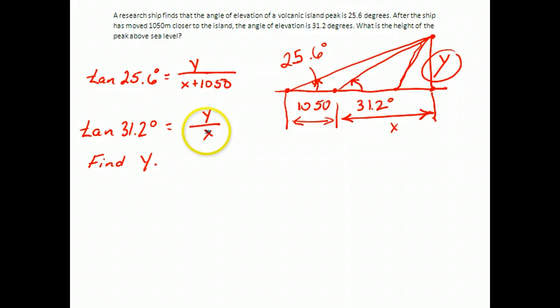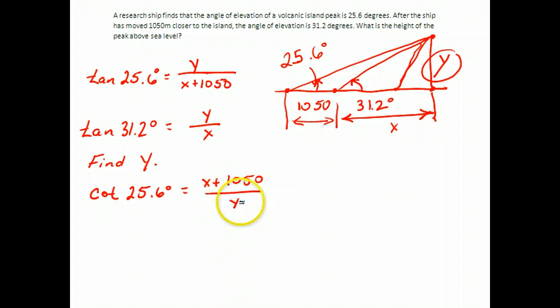Okay, so we can do a little substitution here. I want to get rid of my fractions, and in this equation I see the ugly stuff underneath. So I'm going to change this to cotangent instead. Cotangent of 25.6 degrees is equal to the reciprocal of what I got here: x plus 1050 over y.